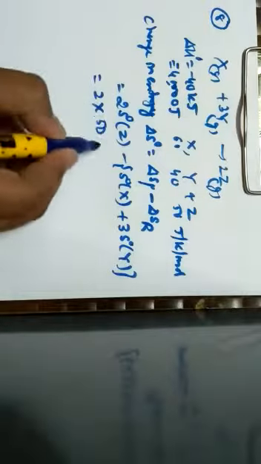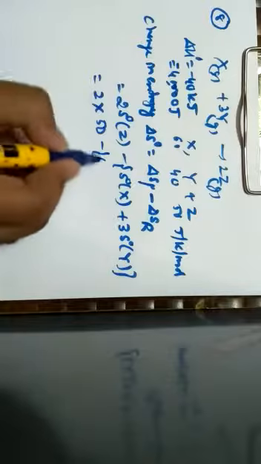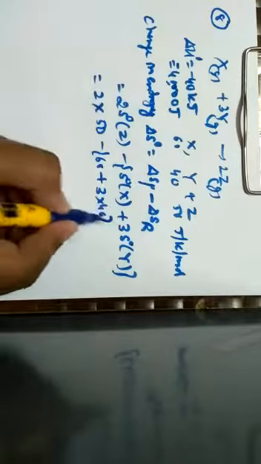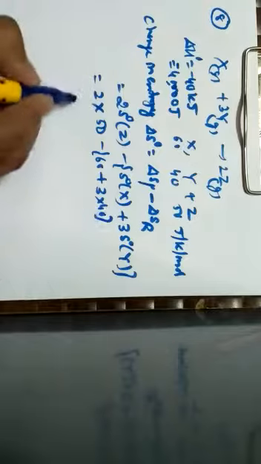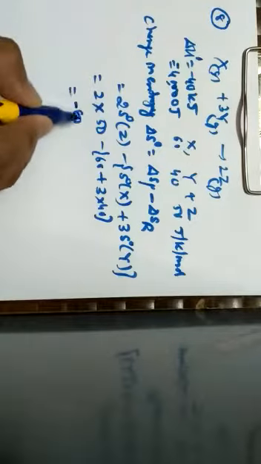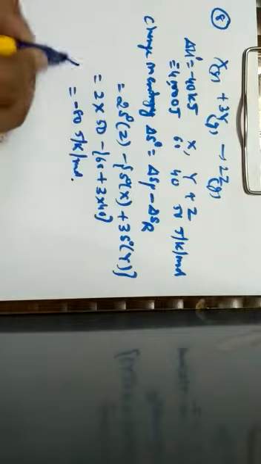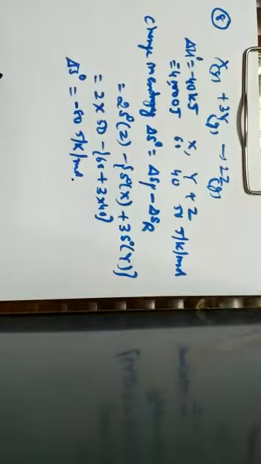Z value is 50, minus X value is 60, plus 3 into Y value is 40. When I simplify this, it comes out to be minus 80 joule per Kelvin per mole, which is the value of delta S naught.